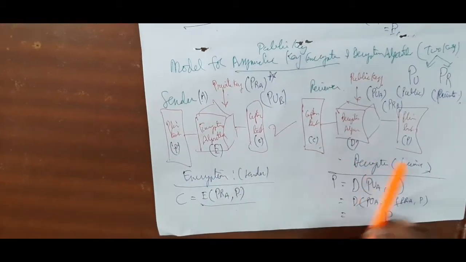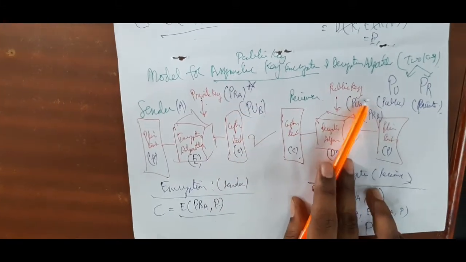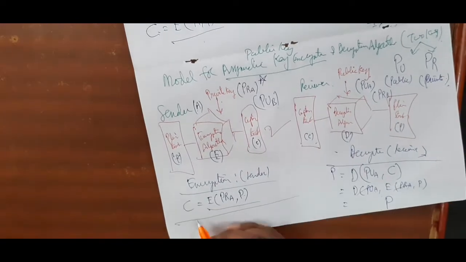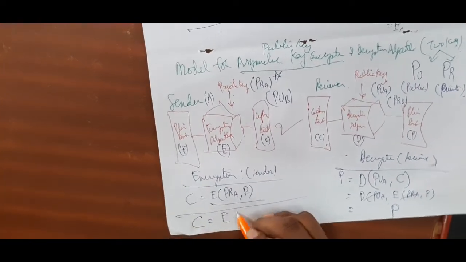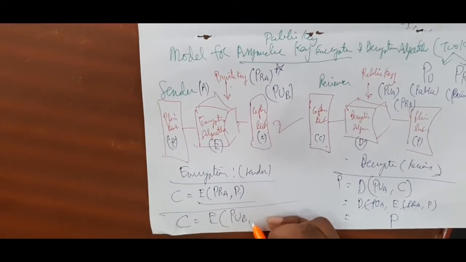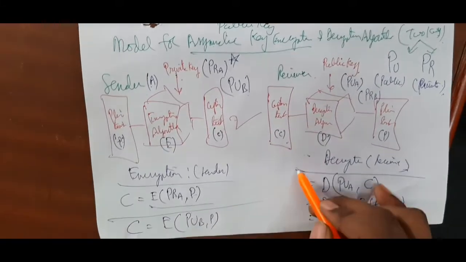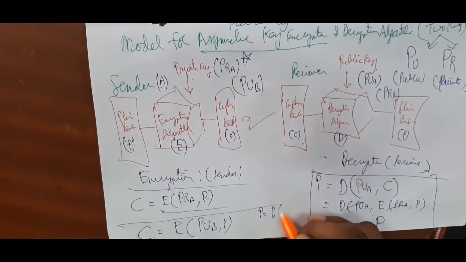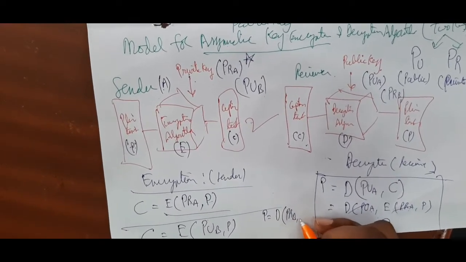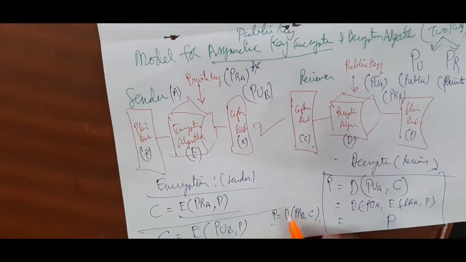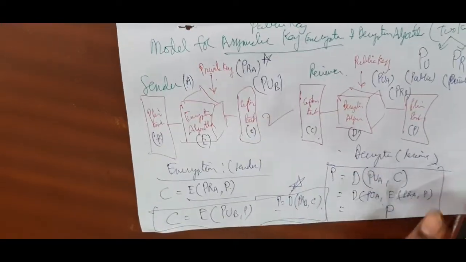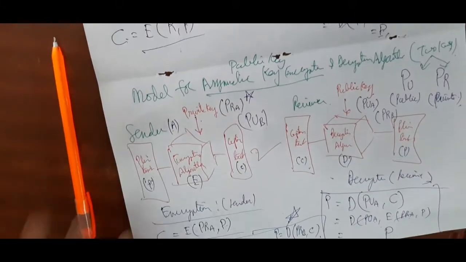If you are using the public key of the receiver and the private key of the receiver, then the formula changes to the second category: C is equal to E of PUB comma P, and at the decryption side you get the second strategy, that is P is equal to D of PRB comma C. This is the pattern that you have to follow, right? So this is important. Two categories you can use to solve this problem. I hope that concept is clear.